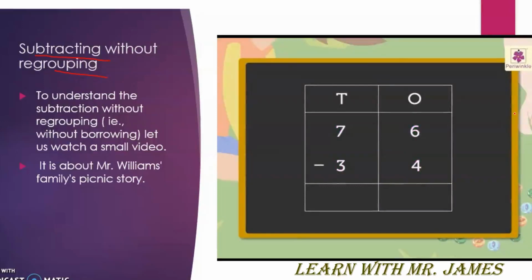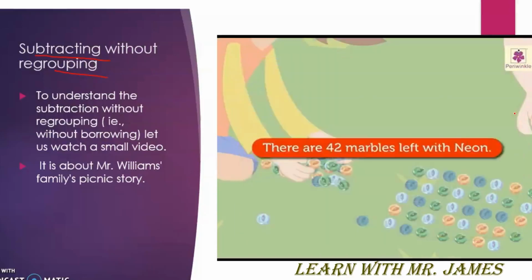We always subtract the ones first and then the tens. 6 minus 4 is equal to 2. 7 minus 3 is equal to 4. Thus, the difference of 76 and 34 is 42. There are 42 marbles left with Neon.